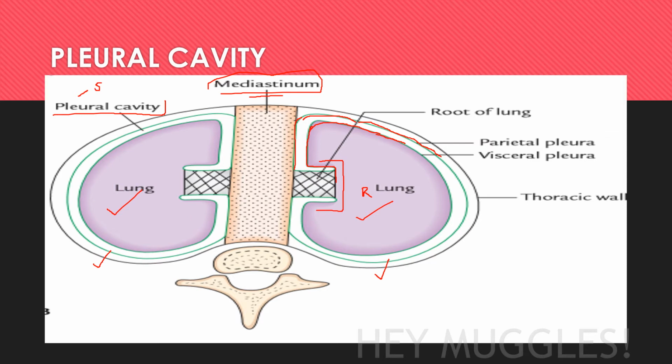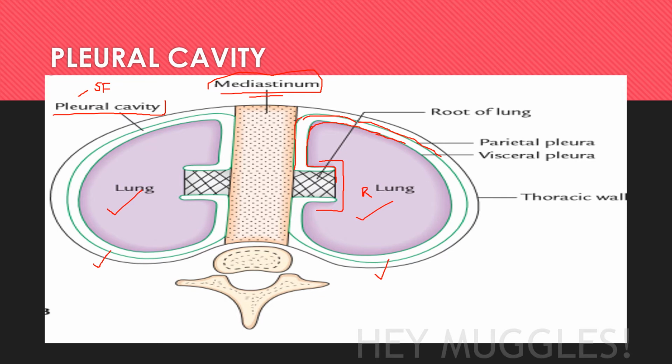It lubricates the surface of the pleura, and it allows frictionless movement of the lungs. It is present between the two pleurae.